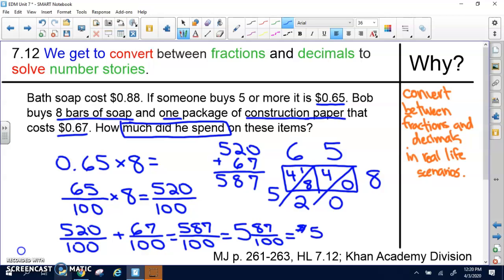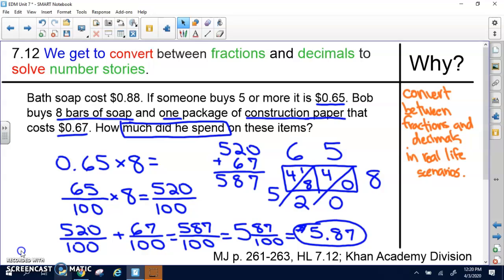And then I'm going to put my decimal, because then I have my 87 hundredths. Remember that 8 represents the tenths, the 7 represents the hundredths. So Bob has spent a total of $5.87 on 8 bars of soap and 1 package of construction paper.